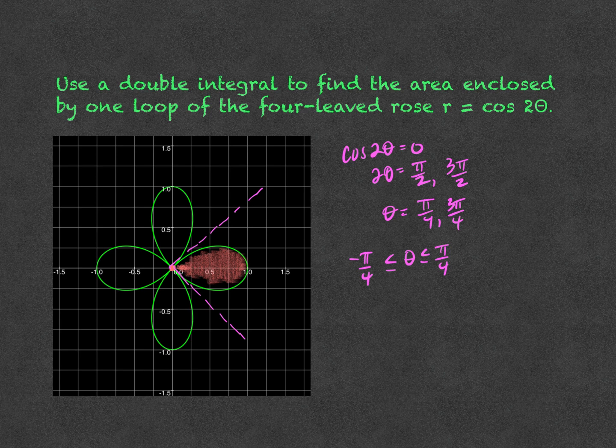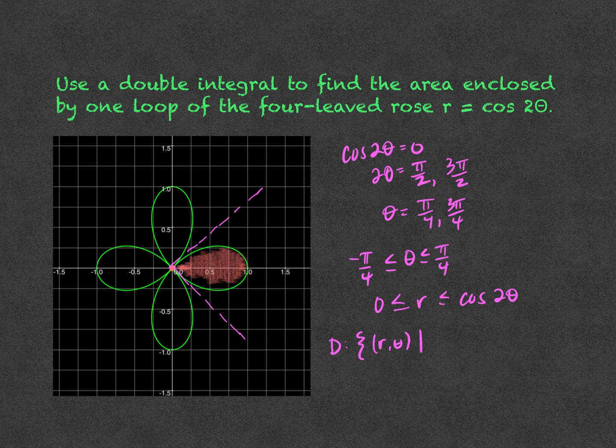r is between 0 and cosine 2 theta because it's bounded by that clover, and the clover goes from 0 to cosine of 2 theta, whatever that may be at the time. So that gives us our region. We're going to say D is r, theta.